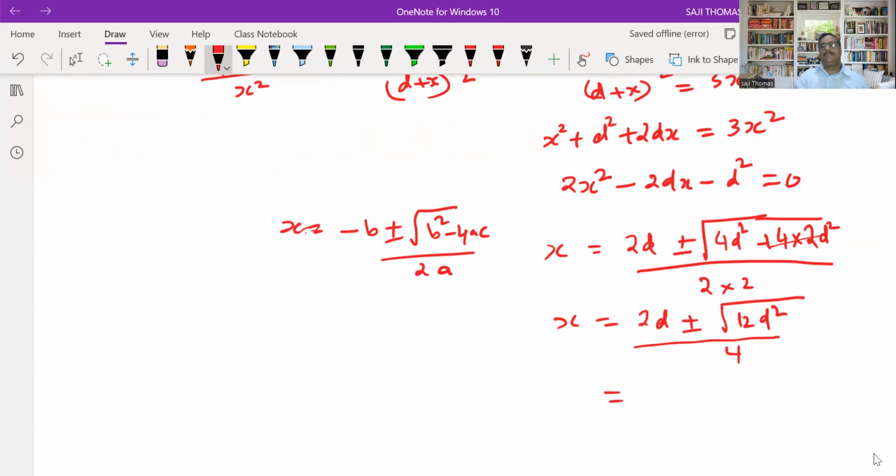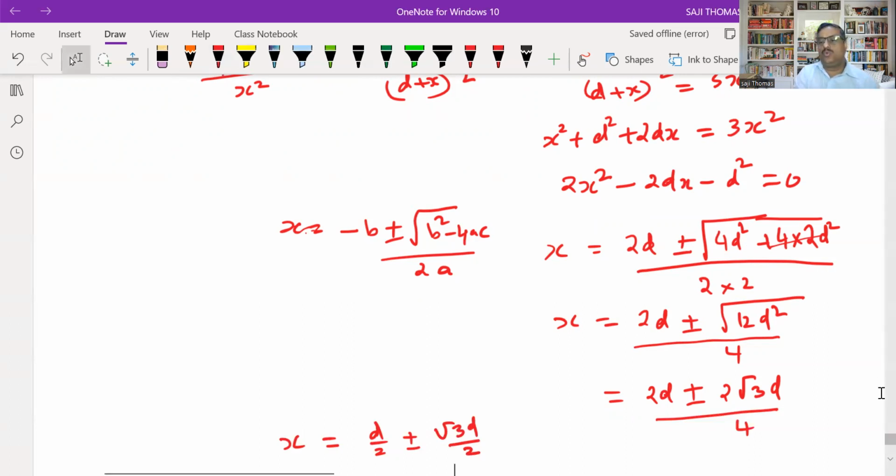This will be 2d plus or minus root 12, 12 is 4 into 3, so 2 root 3 d by 4. So x equals, you can cancel by 4, d by 2 plus or minus root 3 d by 2.